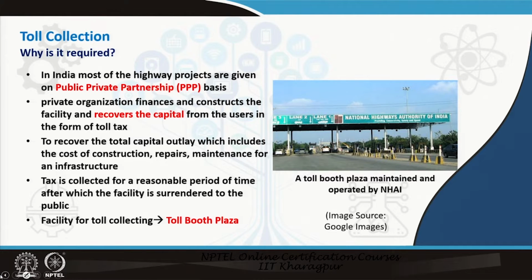Right. So, toll collection, as you may be very well aware, traditionally highways were financed by public money, right. The money that was gathered either through direct taxes or through indirect taxes, for example, the taxes that we pay at the petrol pump or just a portion of your income tax that you pay.